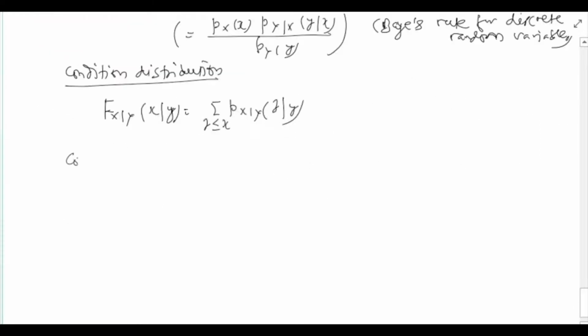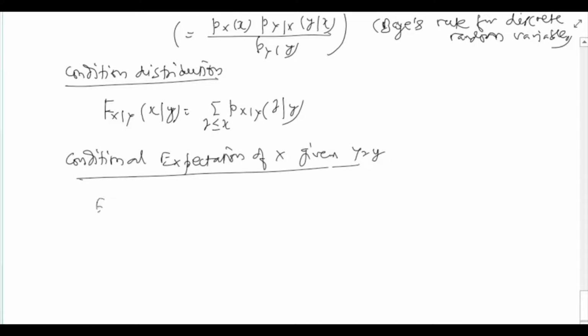Further, we can define the conditional expectation of X given Y equals small y, denoted as the expected value of X given Y equals small y, to be the expectation with respect to the above conditional probability mass function. That is, the sum over all x of x p_{X|Y}(x|y).